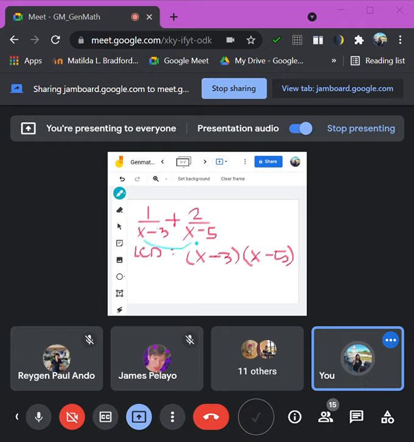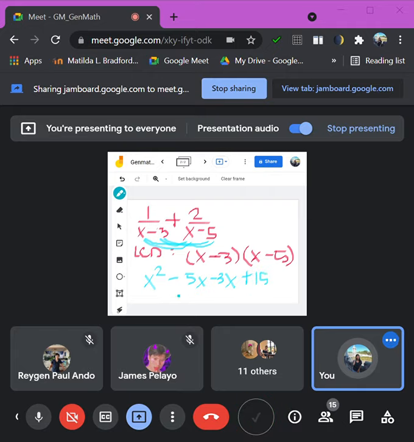For example: x times x, that is x squared. x times negative 5, that is negative 5x. Negative 3 times x, that is negative 3x. Negative 3 times negative 5, that is positive 15.